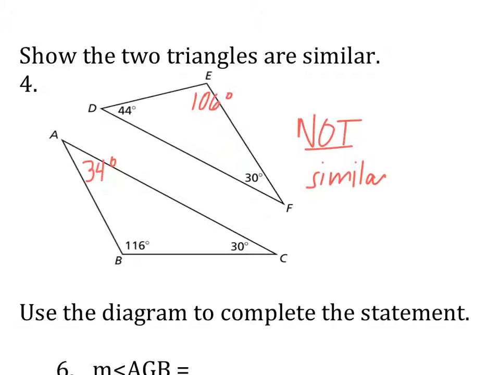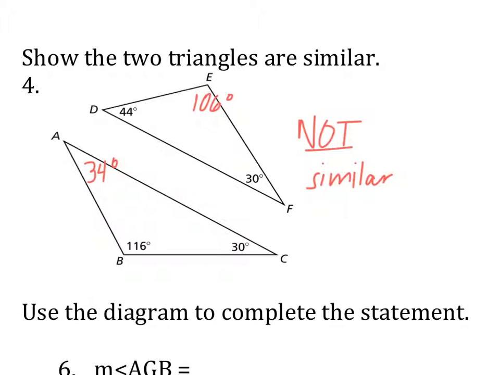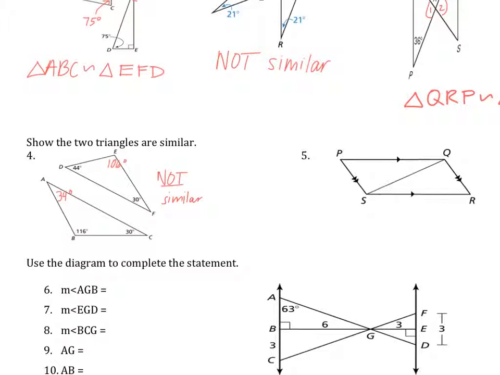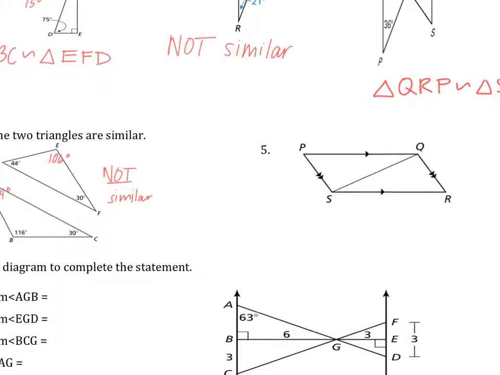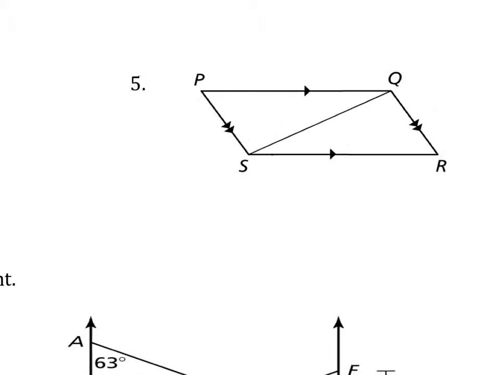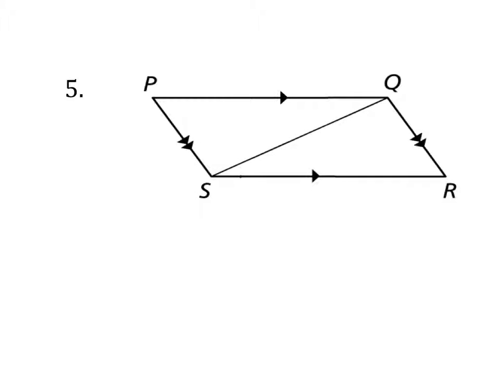And one more here. Number 5. No angle markings, but you do have these little arrows on the side. What do those mean again? Parallel lines. And what's the most common angle pair that we look for when we have parallel lines? Alternate interior angles.